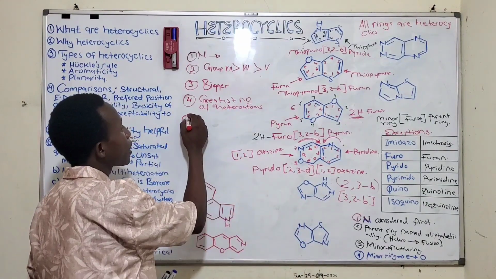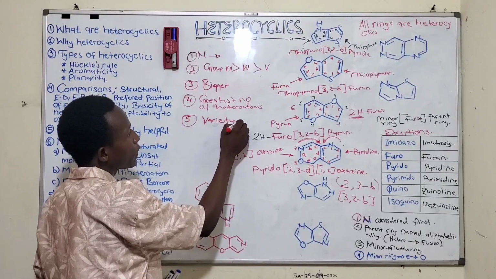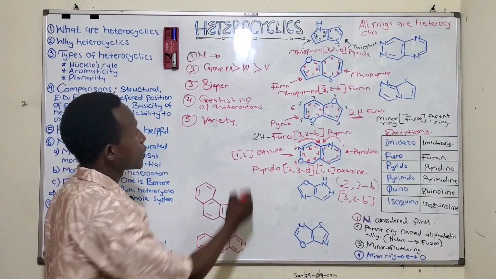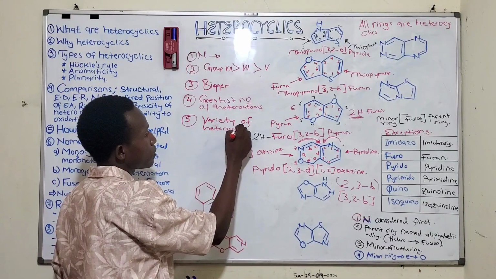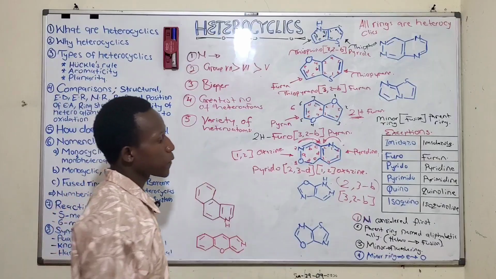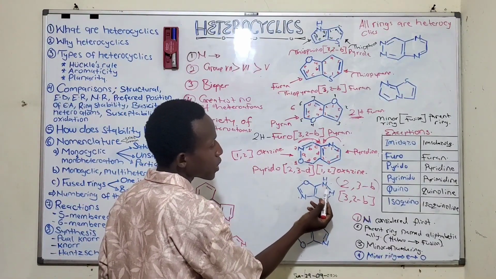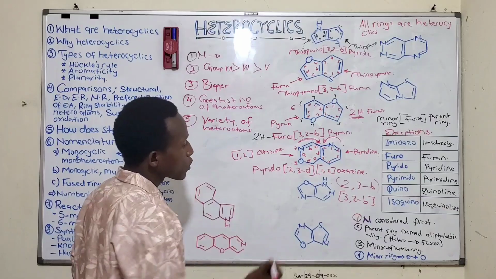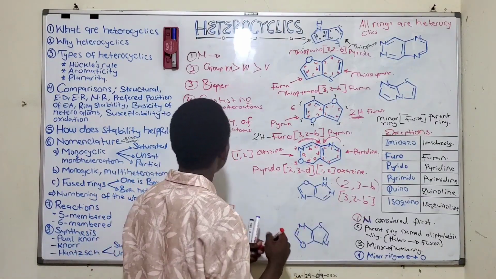Now we go and consider the variety of heteroatoms. The variety will be prioritized. So this one is having oxygen and nitrogen, but both of these ones are nitrogen atoms. So this one will be the parent ring. This one will be the minor ring.